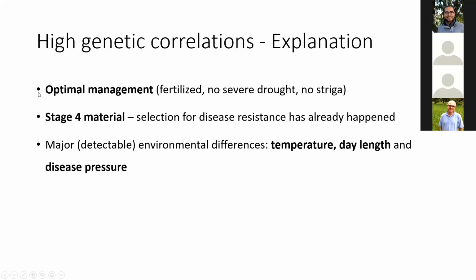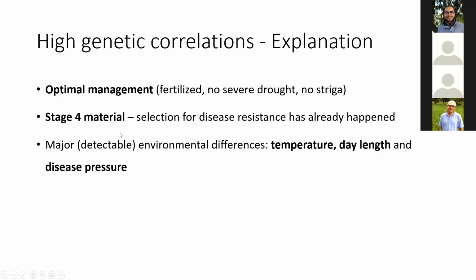But what we see is that if trials within these many different mega environments are optimally managed, we have a really high genetic correlation. Again, it was stage 4 material, so disease pressure might be different in the mega environments, but it didn't play a role here because we had made selection already for disease resistance, and regardless of the disease pressure, our material was relatively stable.